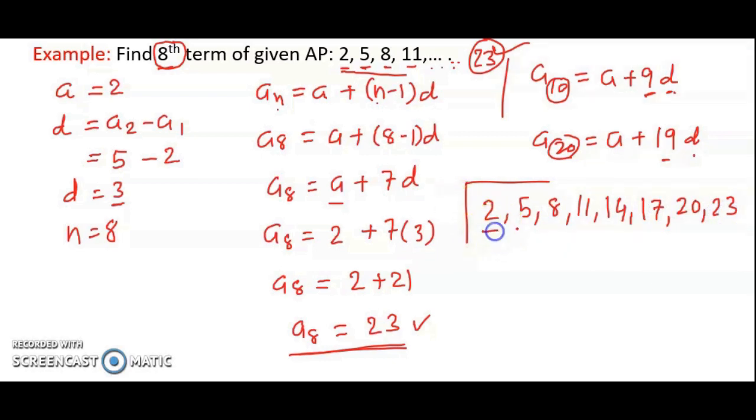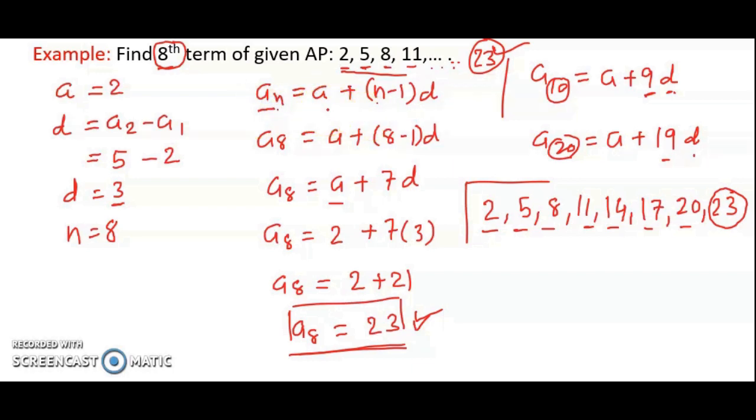You can see this is 1, 2, 3, 4, 5, 6, 7, and this is the 8th term of the AP, that is 23. So this way, whenever you want to find any term of an arithmetic progression, you can use this formula: an equals a plus (n minus 1)d.